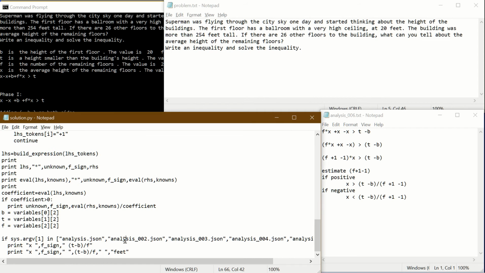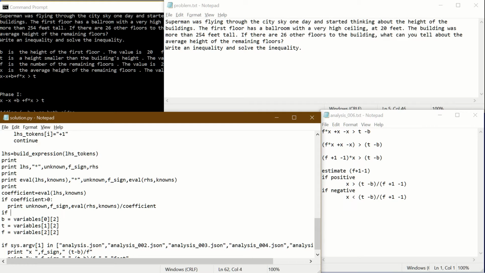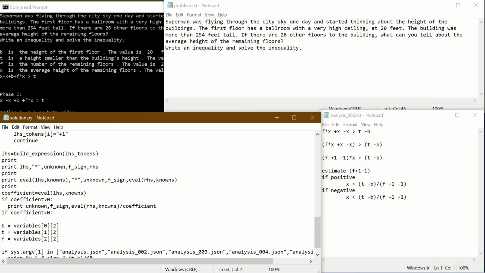So let's start. I will say if coefficient is smaller than 0, then I have to change the formula sign.